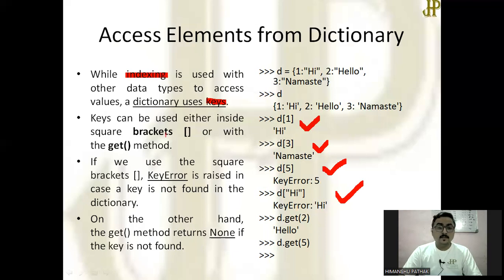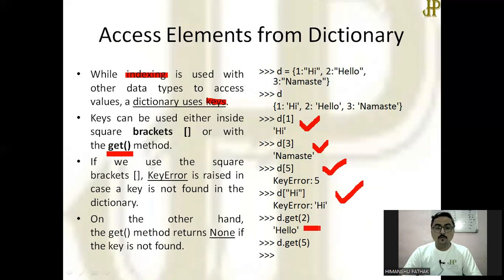Other than this, there is a separate method, get, that is also used to fetch the data. How? D dot get, and in brackets you have to supply the key. So here 2. It will print hello. But here there is something you have to remember.